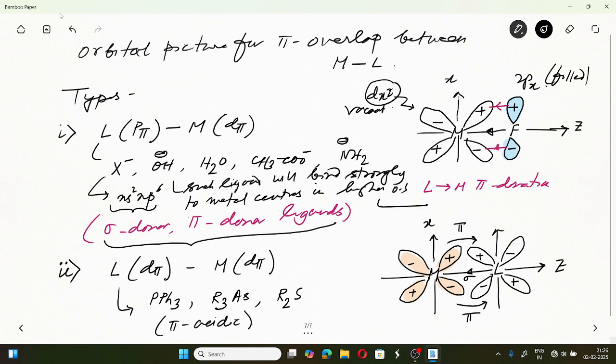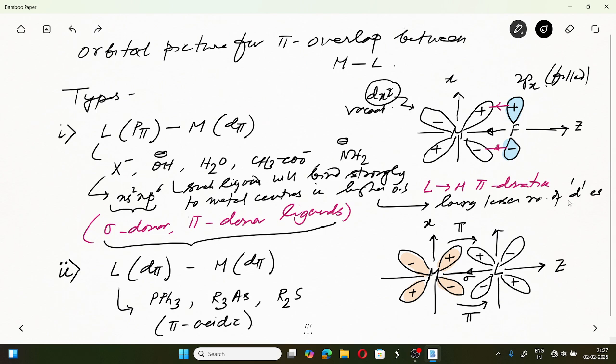Why? Higher oxidation state means having a lesser number of d electrons. Why am I saying this? In order that this orbital should be vacant. If there is a lesser number of d electrons, then the electron density in this orbital will be low, there will be vacancy, okay? So that is why such ligands will bind strongly.